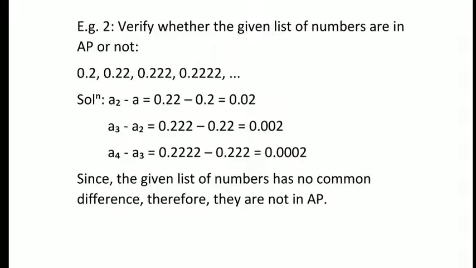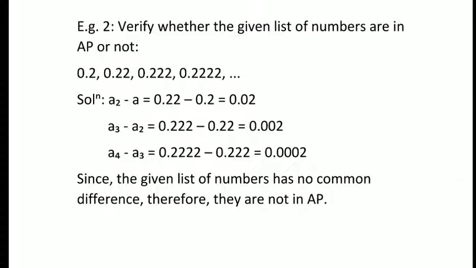Again, find the difference between the third term and second term, a3 minus a2, that is 0.222 minus 0.22. If you subtract, you get 0.002. And the difference between the fourth term and third term, a4 minus a3, is 0.2222 minus 0.222. If you subtract, easily you can find 0.0002.